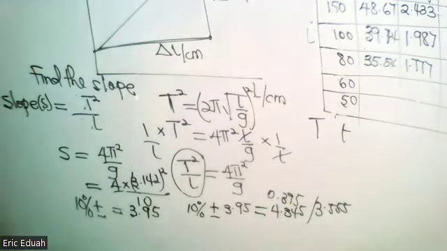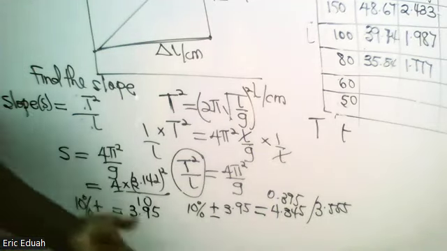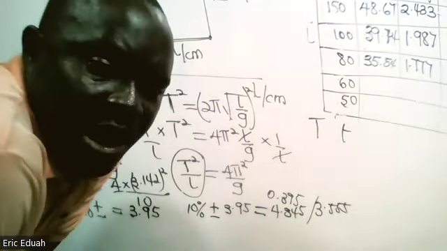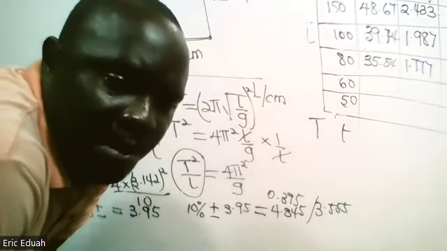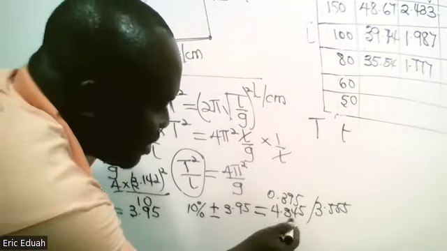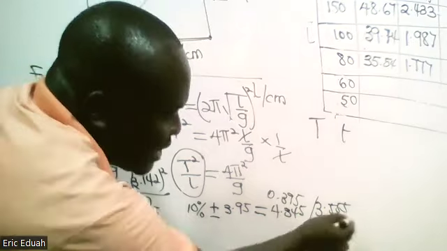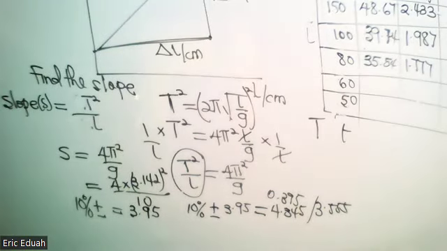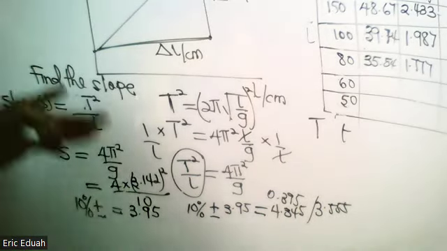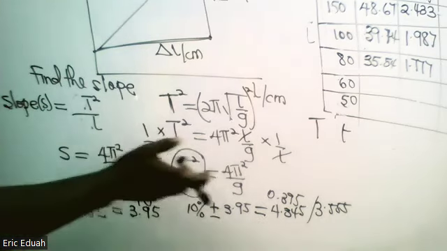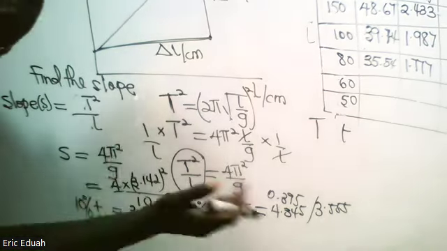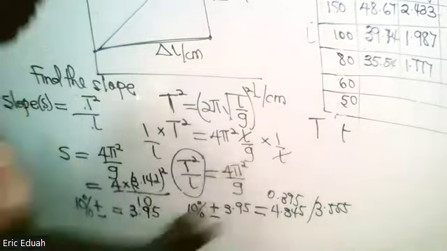So when I'm marking, this is how I judge your values. Your value of the slope must be between this and this. I have not done the experiment, but I could judge the accuracy of your values using the theory.